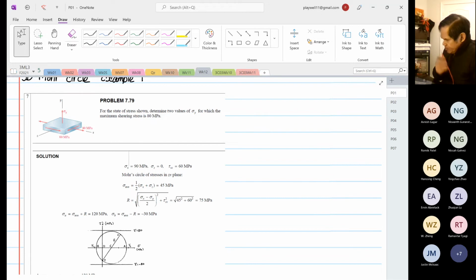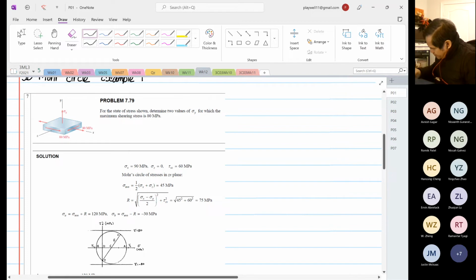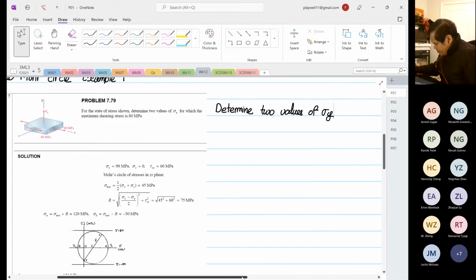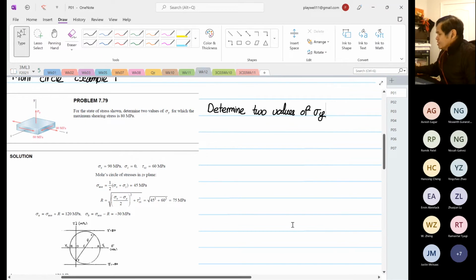So we are asked to determine the two values of stress Y. And this question seems to be less complicated than the one that I showed in class before.